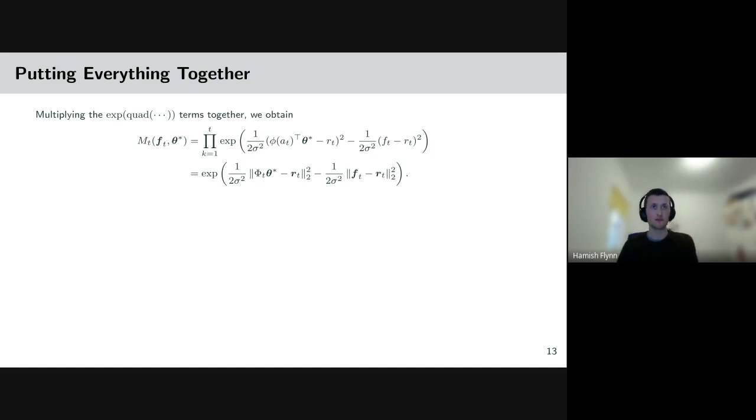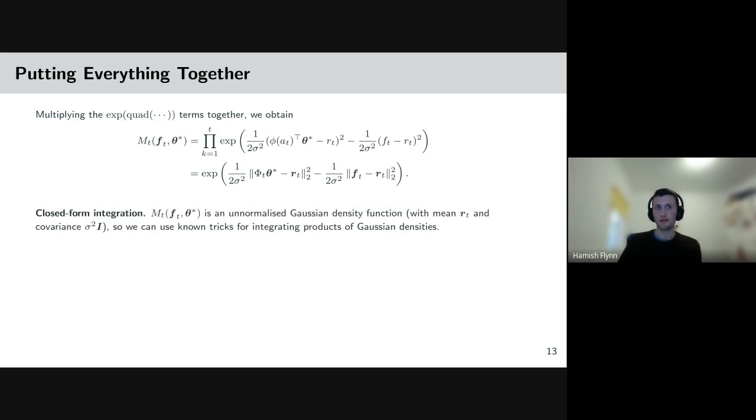And from the previous page, we know that this is a supermartingale, but intuitively this checks out because in expectation, phi times theta star is the best predictor of the rewards. So for any predictable sequence of predictions, the expected value of M_t at theta star will never increase over time.